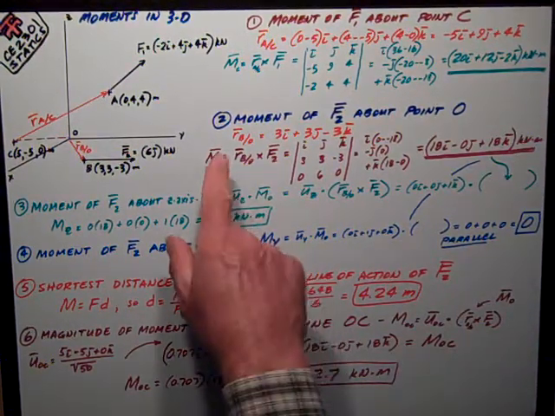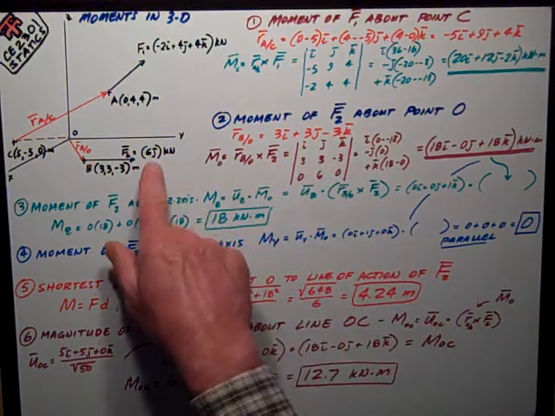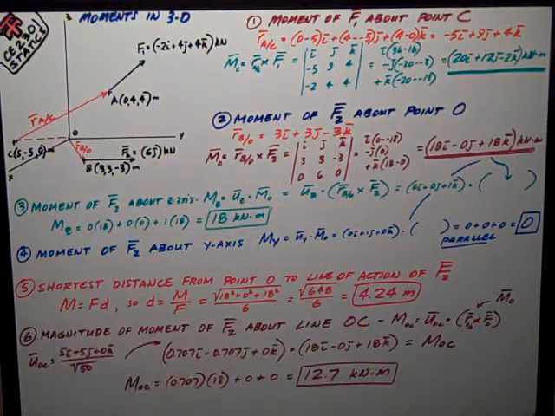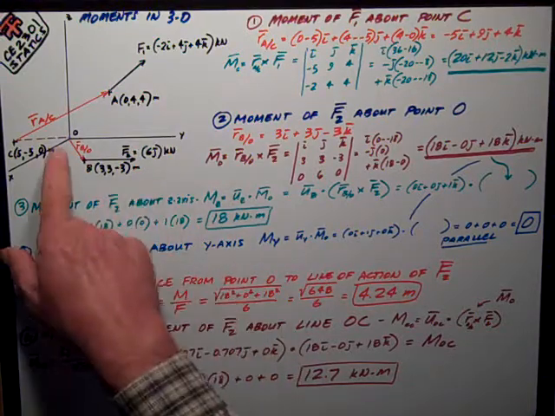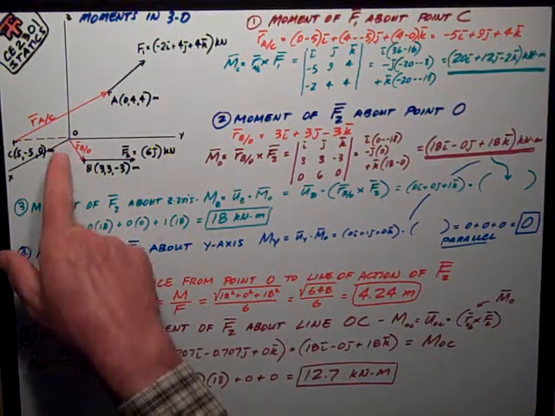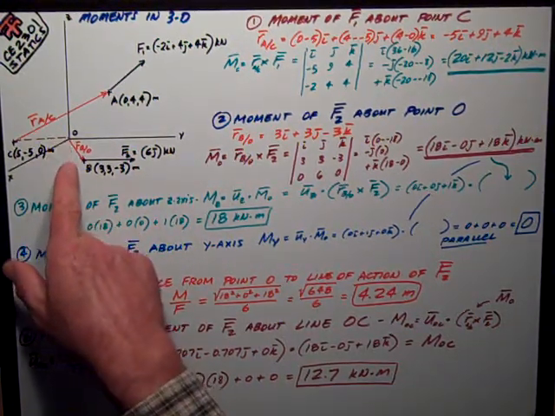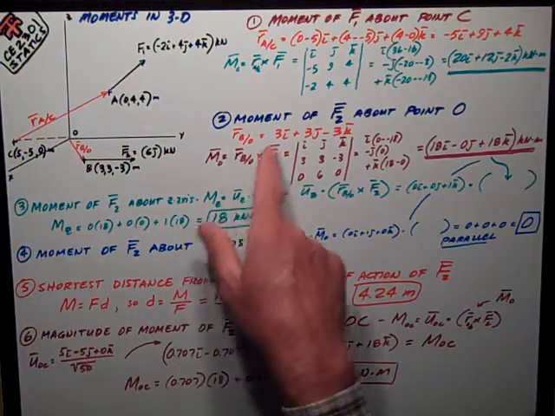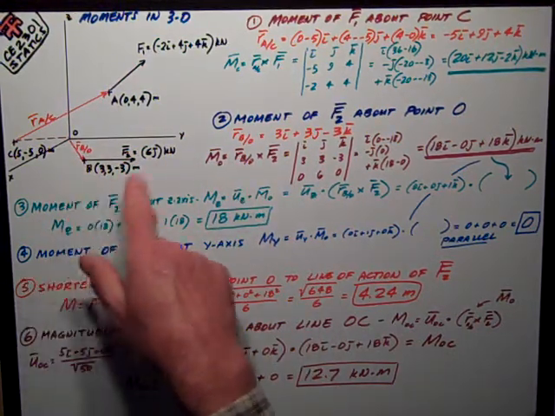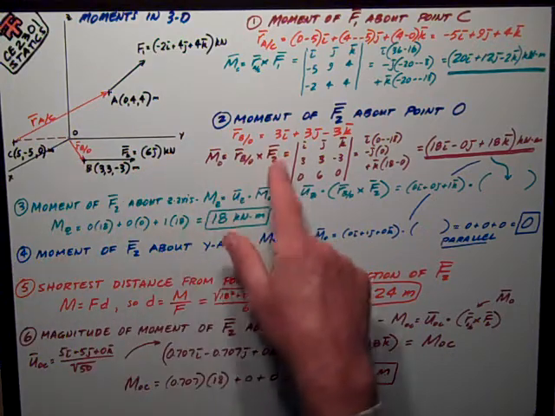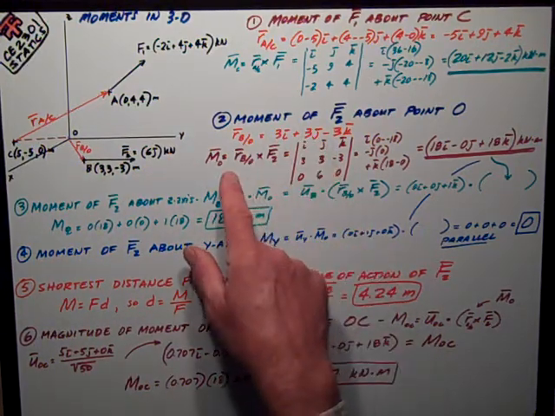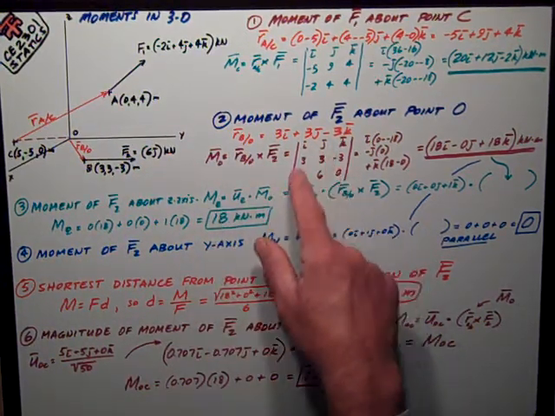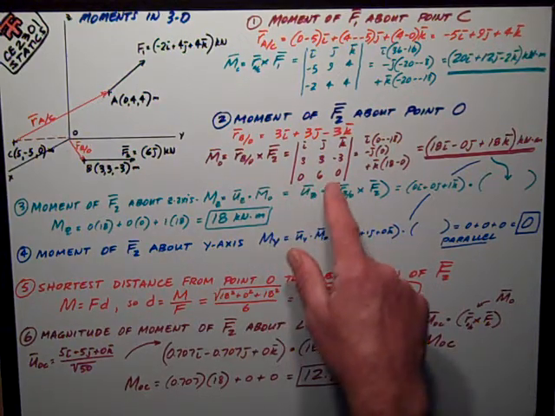Part 2 was the moment of the force F2, which is this force down here, about point O, the origin. My position vector, once again, I need one from O to B. It's real easy, it's just the coordinates of B because I'm subtracting 0 from everything. That's R B over O. Put it in another determinant: unit, position, force.